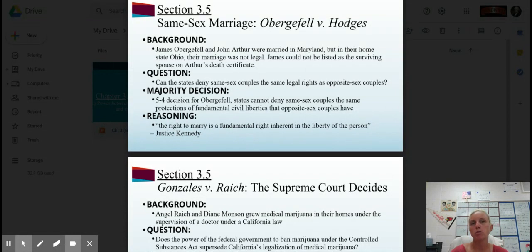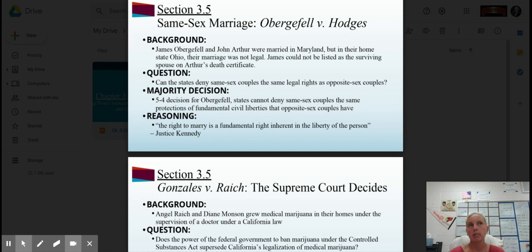But this was the big one. This is one of the 15, one of the ones that you heard about the most. This is the one that said same-sex marriage is constitutional because a gay couple from Ohio got married in Maryland. When they went back to Ohio, which did not recognize same-sex marriage, they said that violates our constitutional right.